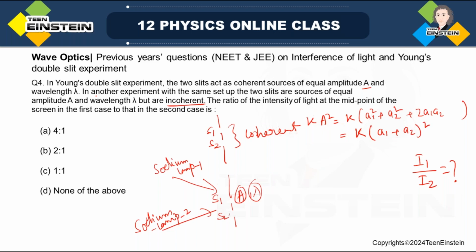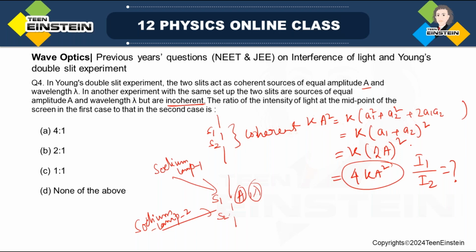So here, same amplitude, k into (2a) whole square. That means what you get is 4k a squared, right? So this is the intensity. So in the first case, the intensity at the middle point when the phase difference is 0 will be 4 k a squared. Let us take k a squared as I0.